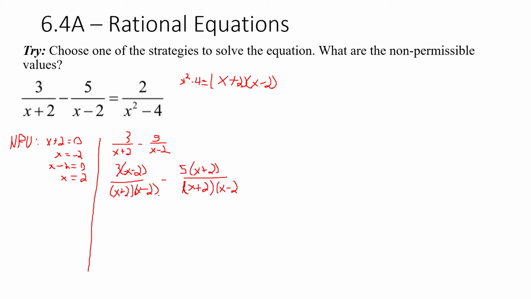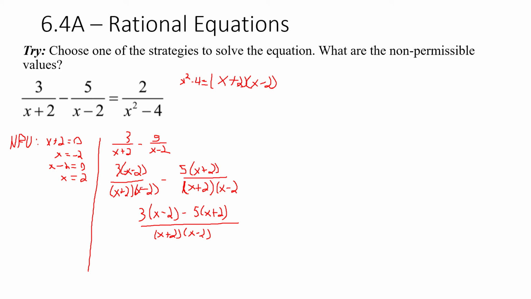And now that I have a common denominator, you can subtract straight across. So this will be 3 times x minus 2 minus 5 times x plus 2, and that's all over x plus 2, x minus 2.